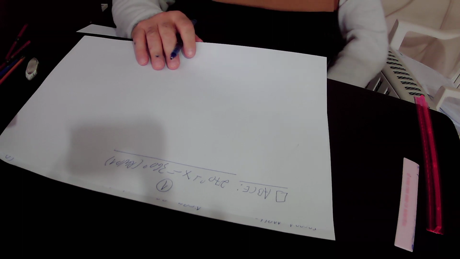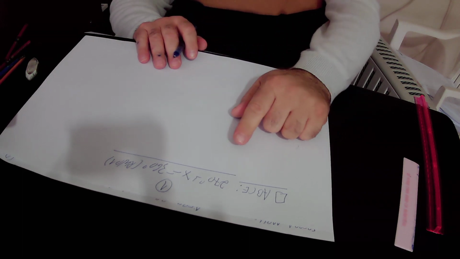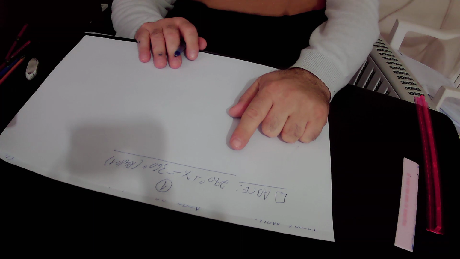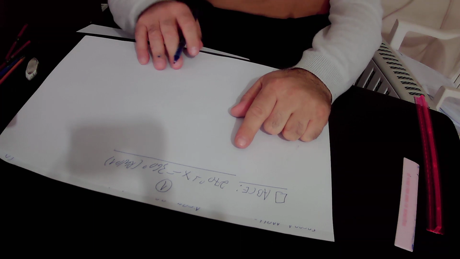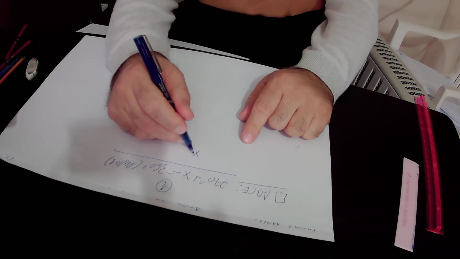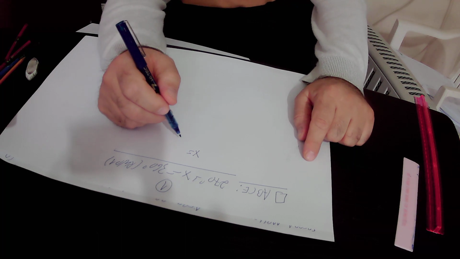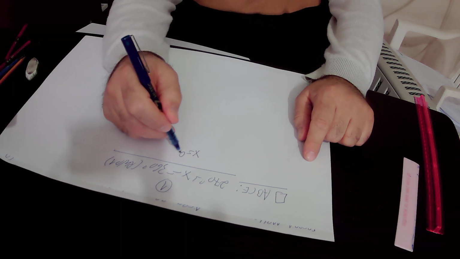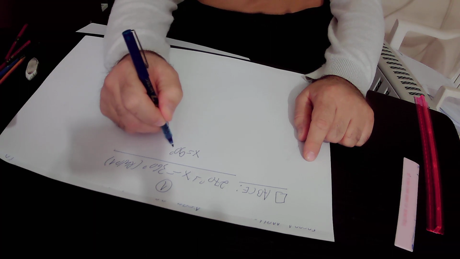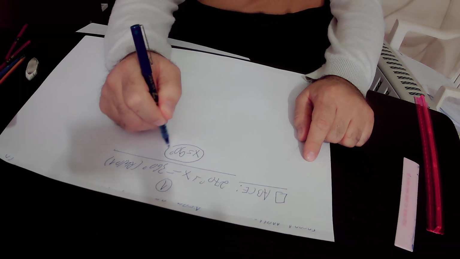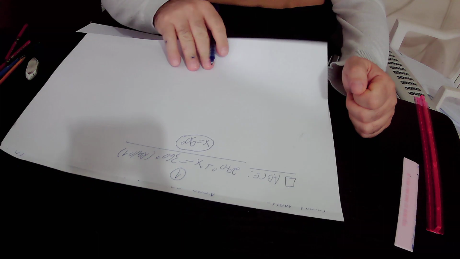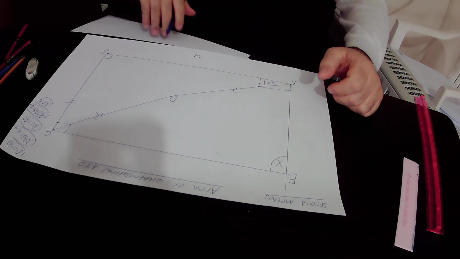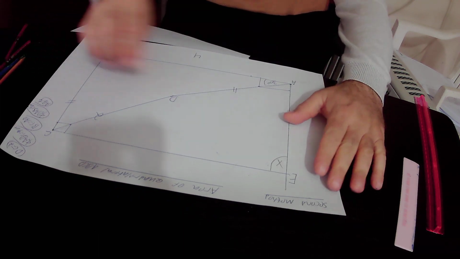So here we will subtract 270 degrees from this equation, and we will get that angle X equals 360 degrees minus 270 degrees, that is to say angle X equals 90 degrees. So we found out that angle X is a right angle. It equals 90 degrees.